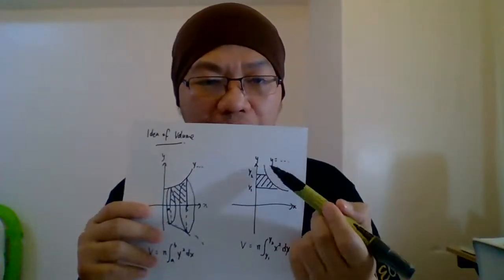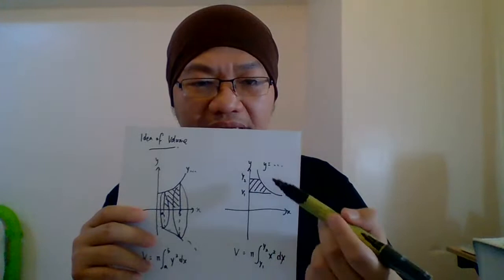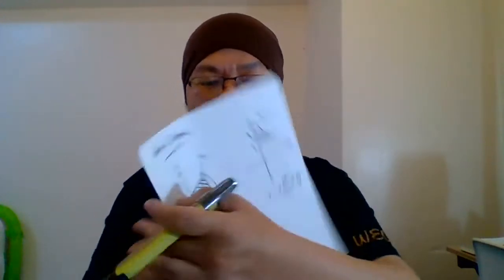All right. So let me repeat this again. When we rotate against y, it is supposed to become another shape here. Rotating 360 degrees is supposed to look like this. I will show you after this.